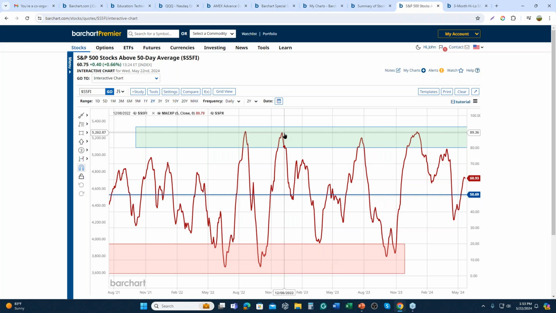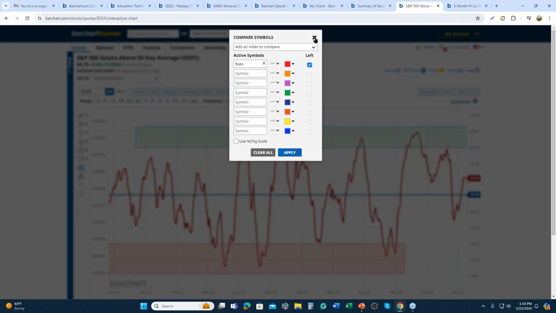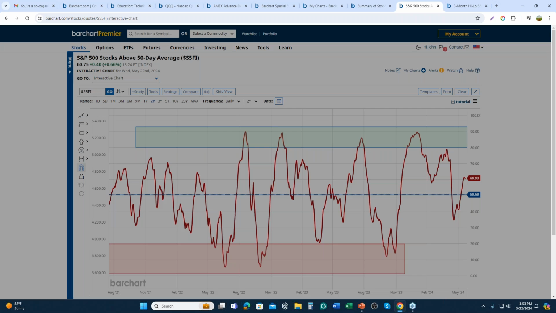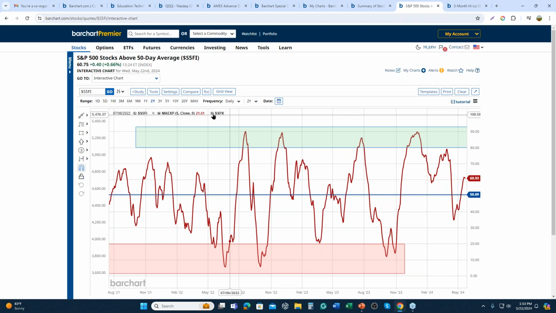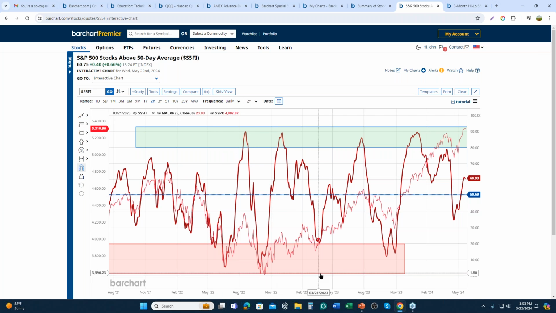So I'm looking at extremes, but I can also use this for looking at divergences. So I'm going to compare this to the S&P. We're looking at the S&P moving averages. And again, I've already got this teed up. I'm going to just turn on my eyeball, and there we go.